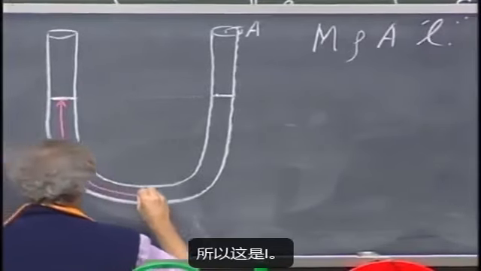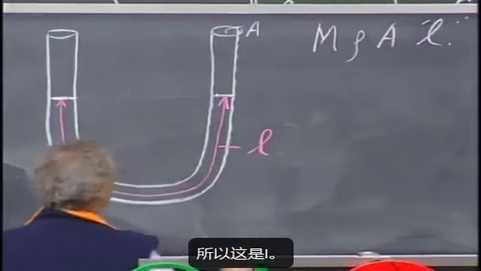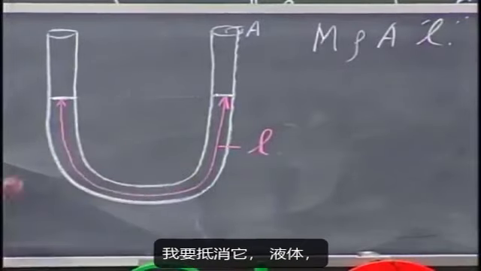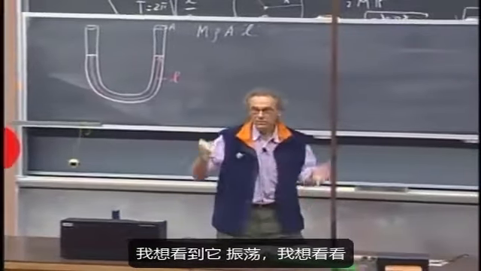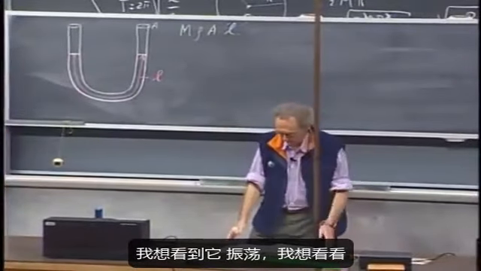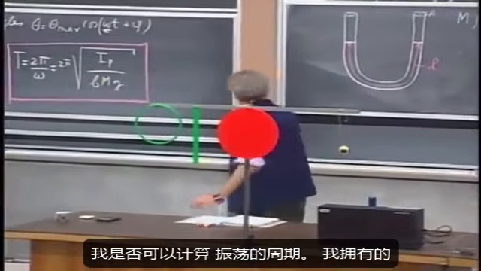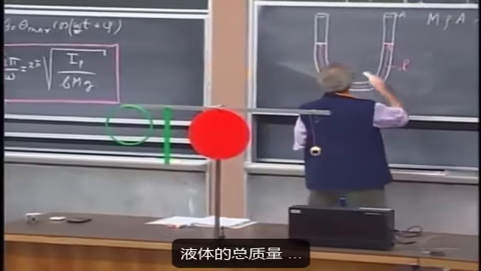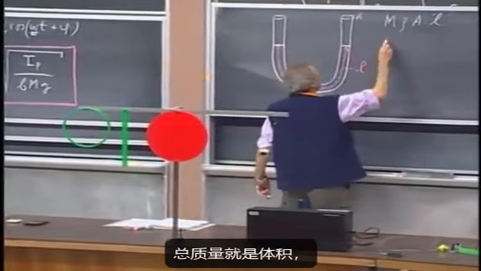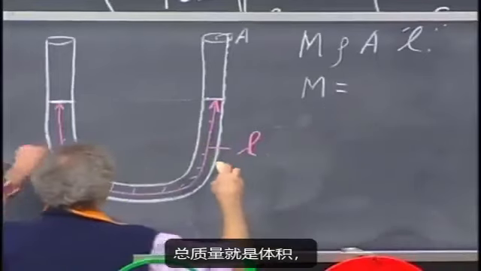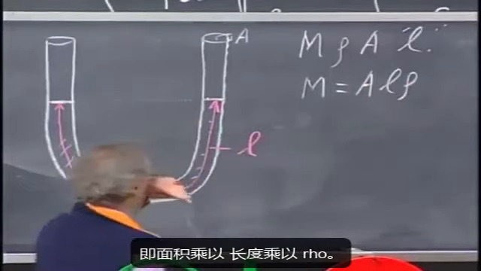So this is L. I'm going to offset the liquid, and I want it to oscillate. And I want to see whether I can calculate the period of the oscillation. The total mass of the liquid that I have is the volume, which is the area times the length times rho.